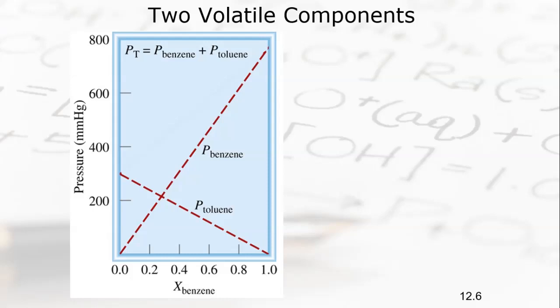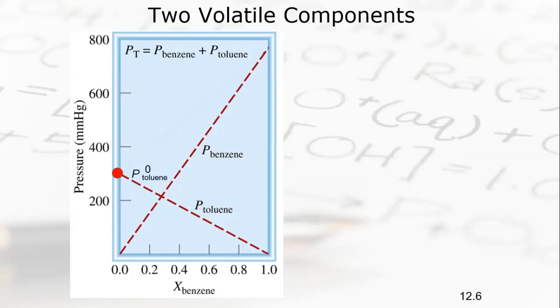Notice that we are plotting the vapor pressure as a function of the mole fraction of benzene, right? So when you start with 0 benzene, this would be the vapor pressure of pure toluene with no benzene added. Everybody understand that?